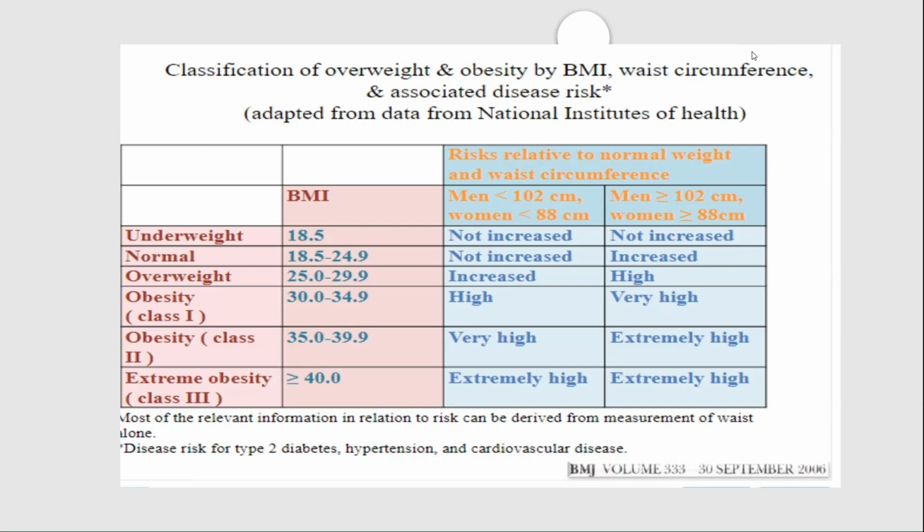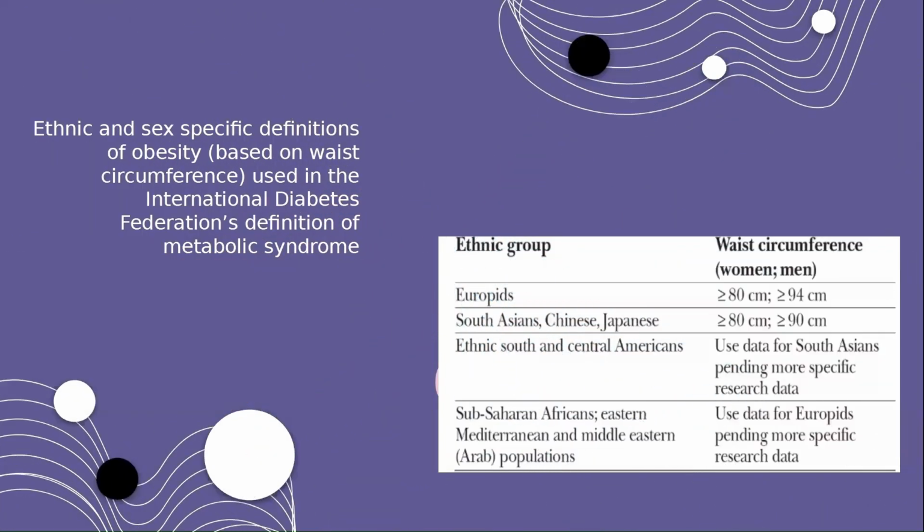Moreover, individuals classified as overweight already face heightened risk. However, those with higher waist circumference face substantially elevated risk of developing these diseases, emphasizing the importance of considering abdominal fat distribution alongside BMI measurements in assessing health risk.